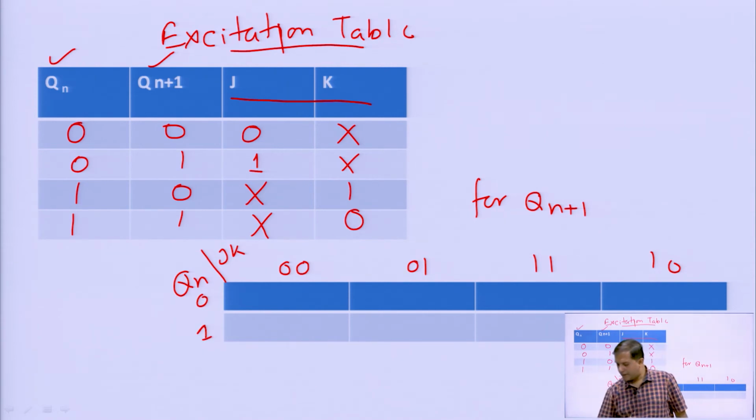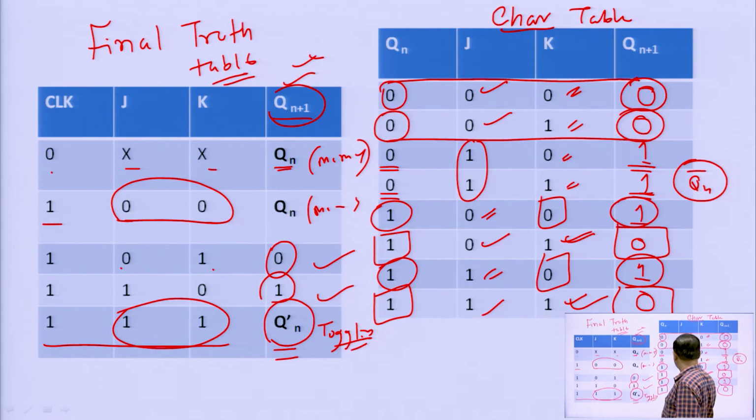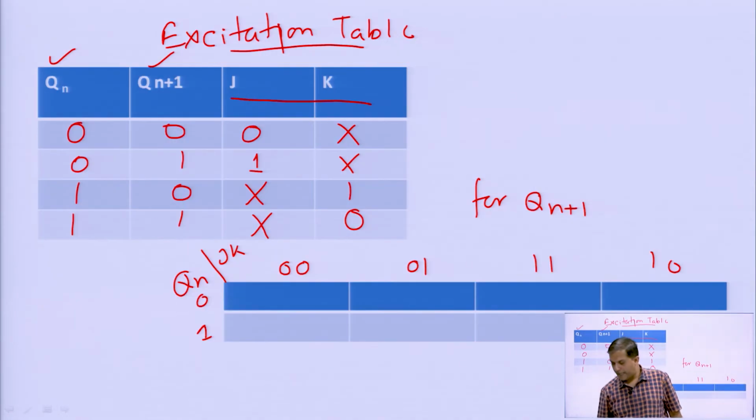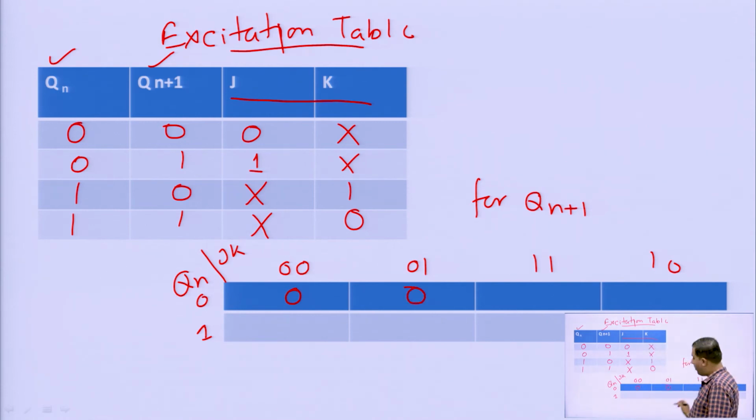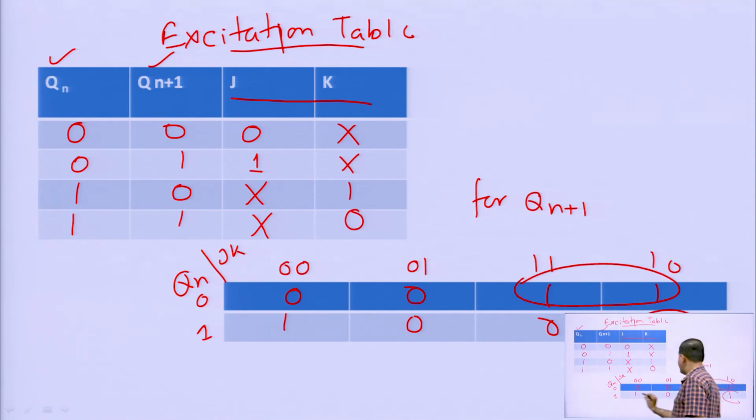From this characteristic table we will fill up the gaps. So, it will be 0 0 1 1, and here it will be 1 0 0 1. One grouping will be this and the second grouping will be this.